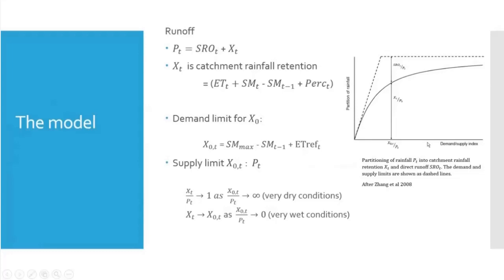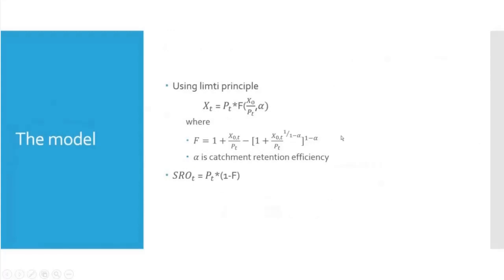So based on that, if we calculate that F, then we can calculate the amount of X, the catchment retention, which is the product of the precipitation times this F. And this F is a function of the ratio of the demand limit by precipitation and a parameter called alpha.